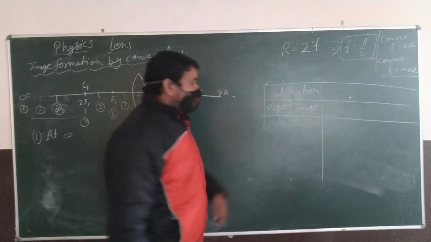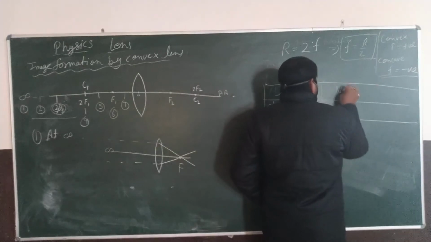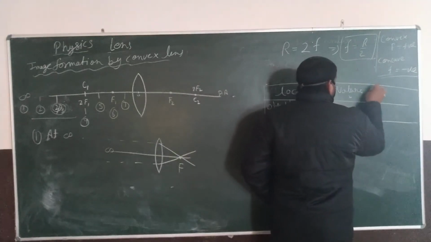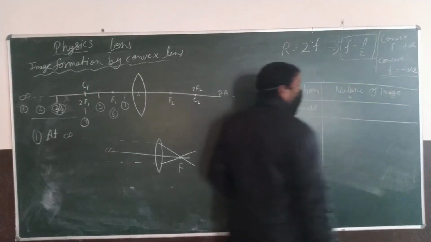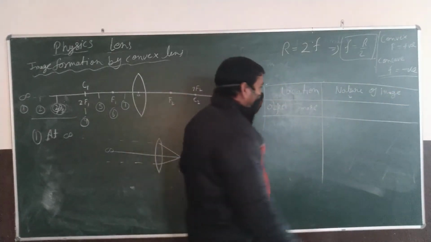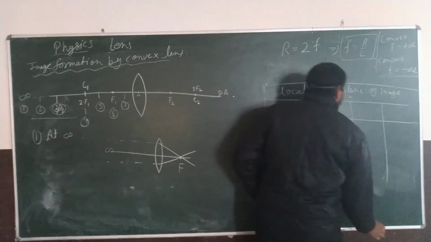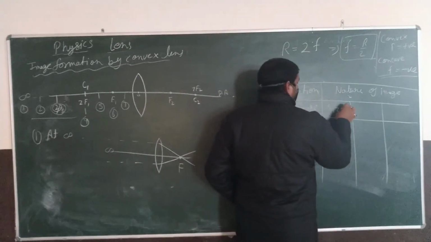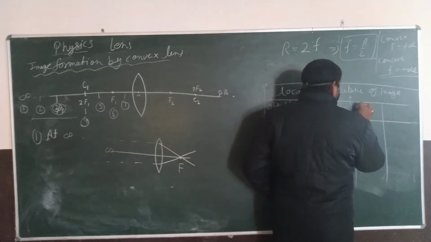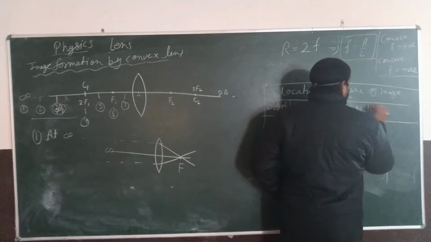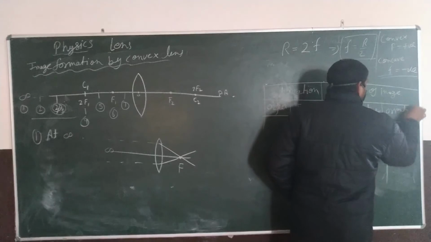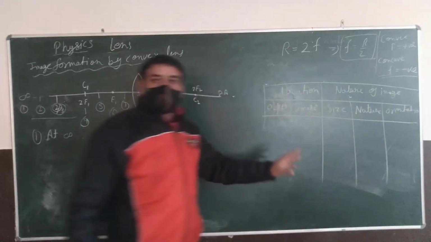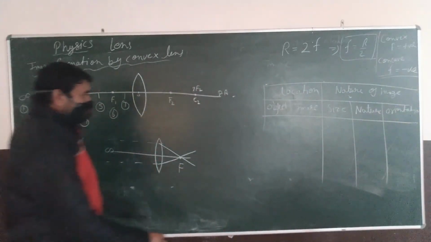After that, here we have nature of image. In the nature of image, we have three kinds: one is size, second nature, and third orientation. Clear? Now from here you will understand very easily.